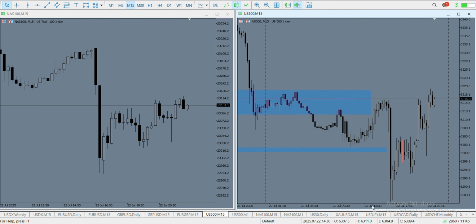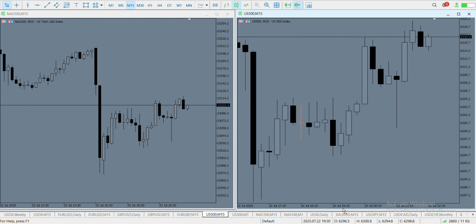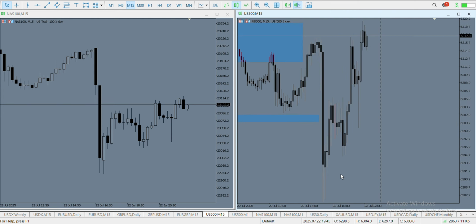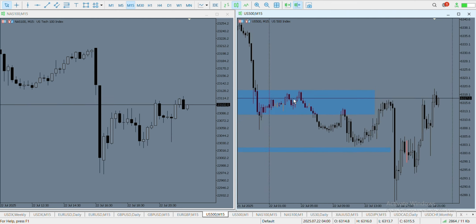US 500, we have this high here, even though we've rallied into that high. And then we have another high here.